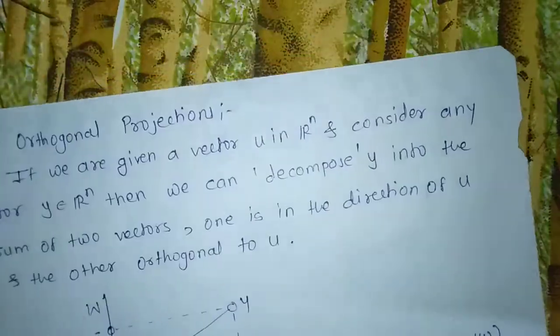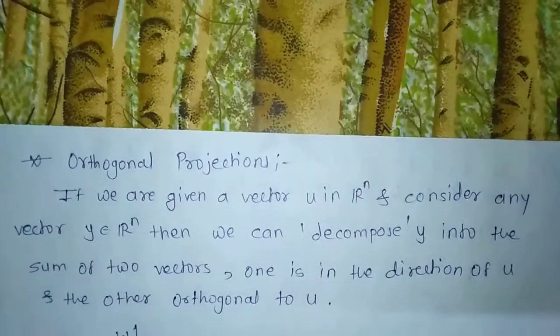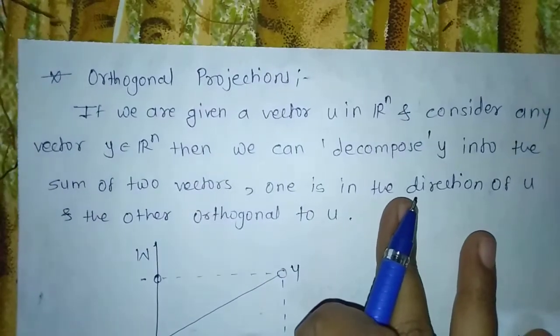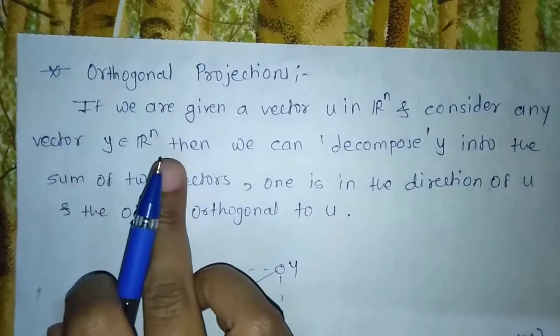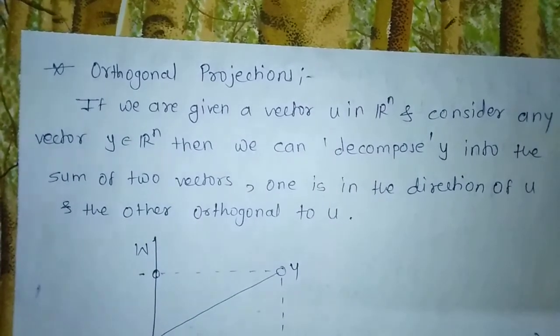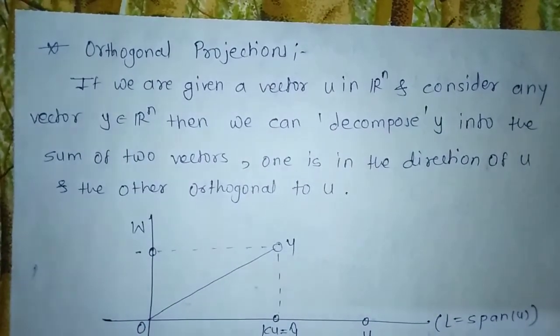Next, orthogonal projections. Orthogonal projections means if we are given a vector u in Rn and consider any vector y belonging to Rn, then we can decompose y into the sum of two vectors. One is in the direction of u and the other orthogonal to u.